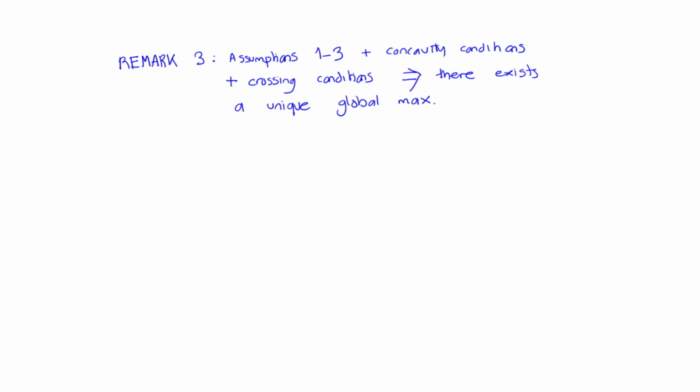The third remark is that the assumptions that we have imposed so far, including the concavity condition and the crossing conditions, are enough to guarantee the existence of a unique global maximum. And let's see why this is the case. The assumptions say that we are going to be in one of two cases.